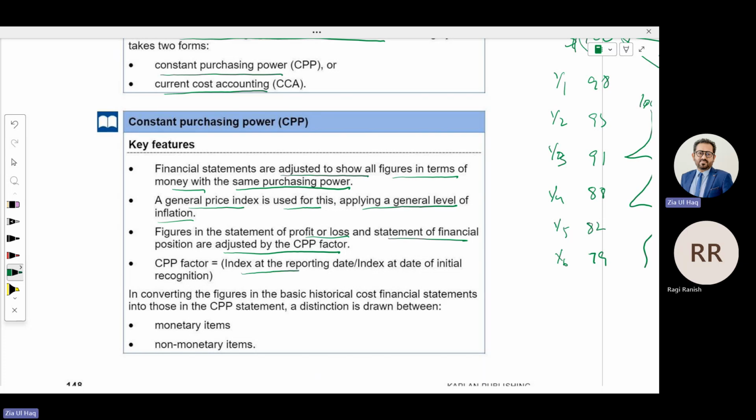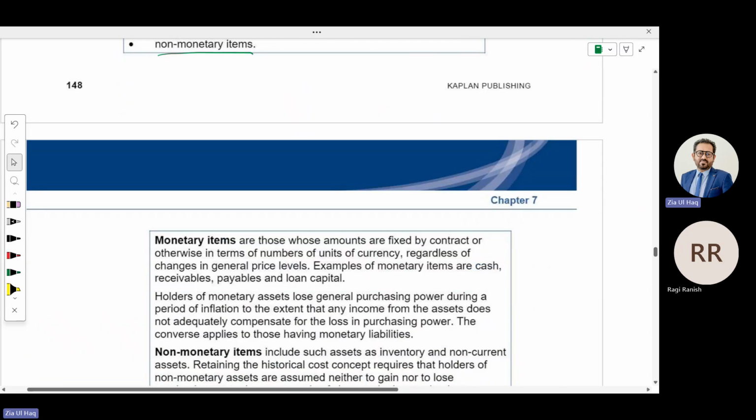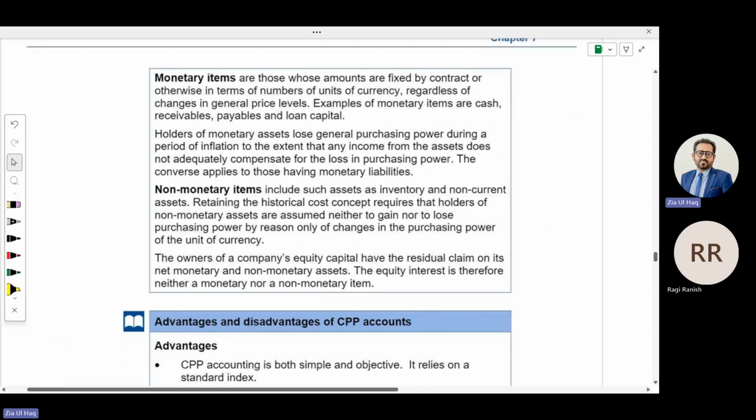CPP factor is the index at the reporting date over the index at the date of initial recognition. In converting the figures in the basic historical cost financial statements into those in the CPP statement, a distinction is drawn between monetary items and non-monetary items. There are some monetary items in the financial statement, and some non-monetary items.